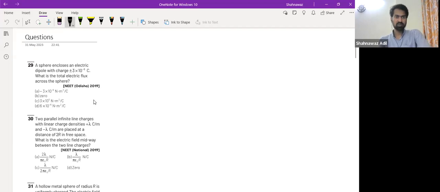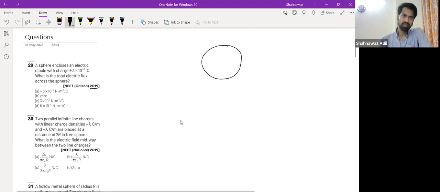Okay, a sphere encloses an electric dipole with charge plus minus Q. What is the total electric flux across the sphere? And this has been asked in 2019. So we have a sphere, right?